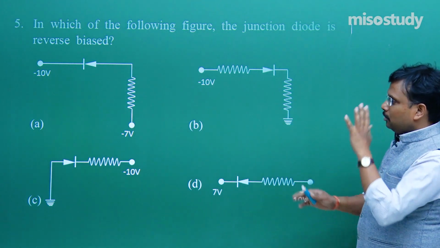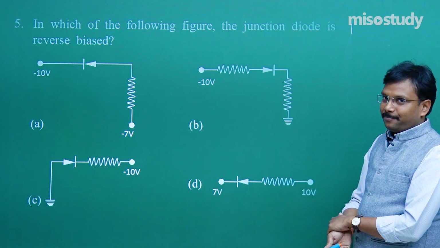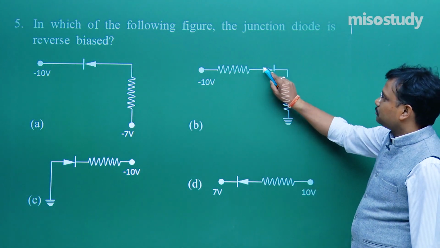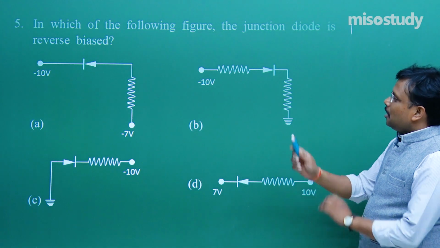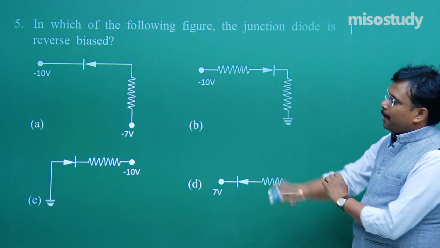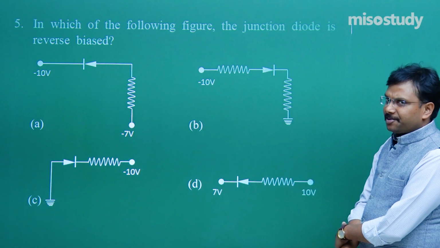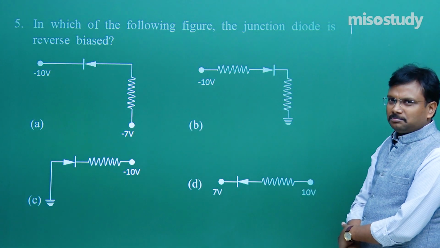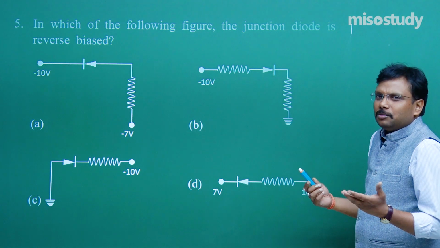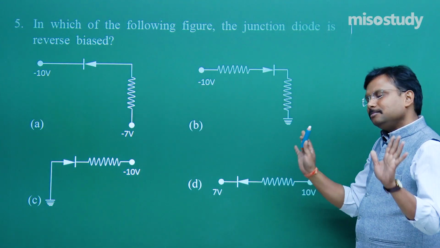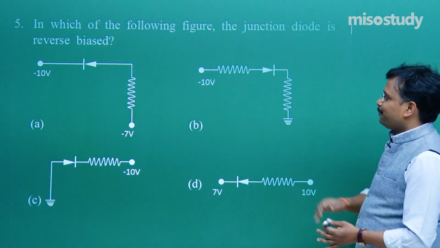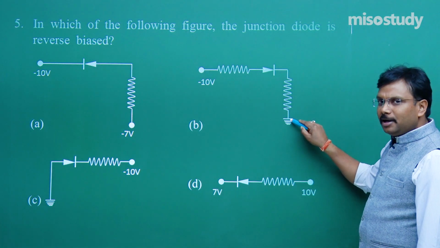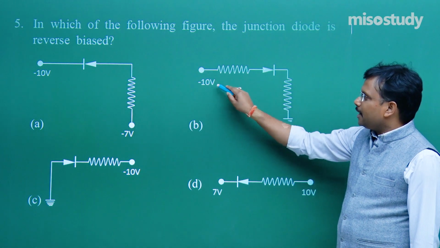Let us start analyzing. Which one is the symbolic representation of P type? Now one by one, option A: -7 volt, other end is -10 volt. Nothing you can conclude yet, something like that feeling? No problem, it's perfectly fine. Let's come to B. This is grounding, this is -10.